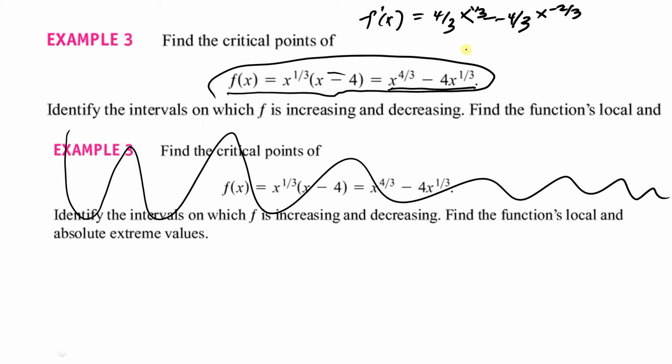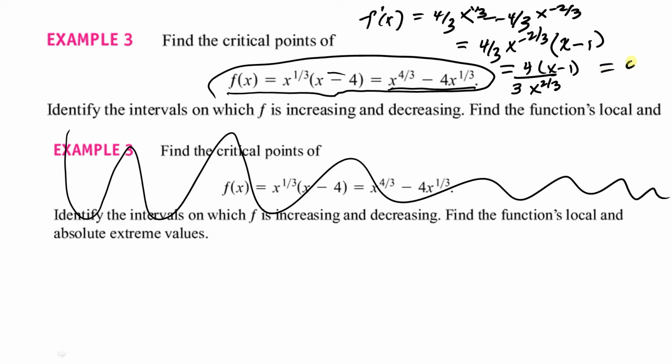So we can factor 4/3 x to the minus 2/3 out, and we're left with x minus 1. And we set this equal to 4 divided by 3, and we put x to the 2/3 on the bottom to make it a positive exponent, times x minus 1.